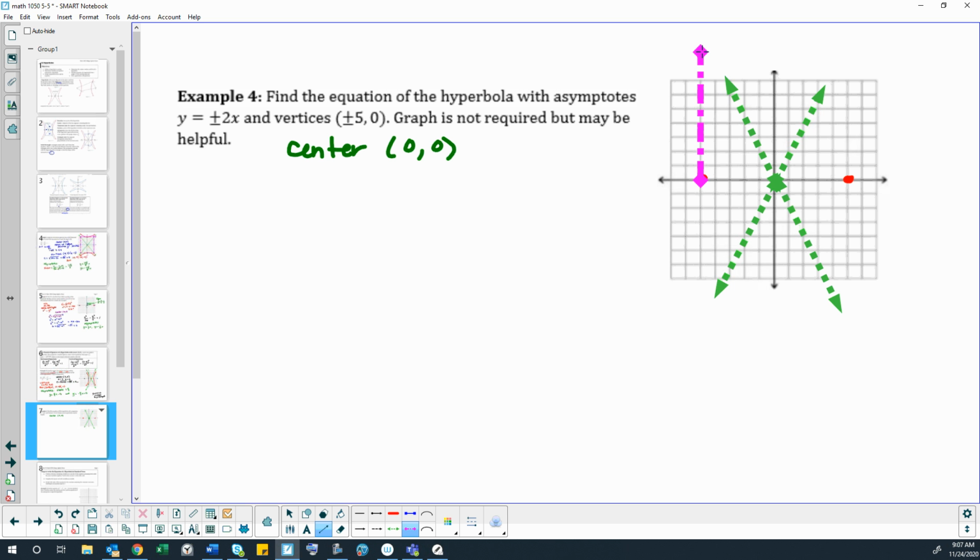So this would go clear up here. Eventually those asymptotes would cross through those corners. Again, bigger graph paper would have been good. So see how that box has that slope of 2 over 1, but it goes through those vertices at 5 and negative 5. So our vertices are right here.